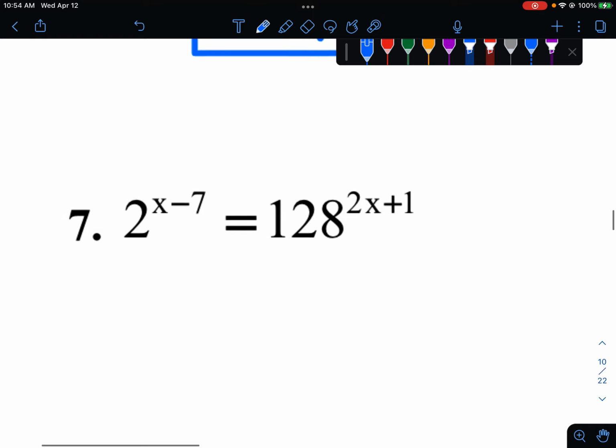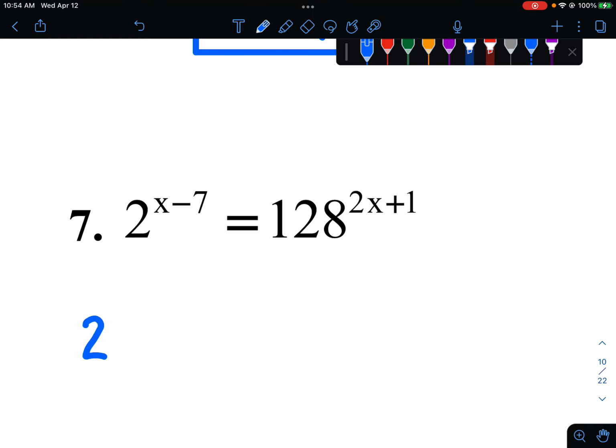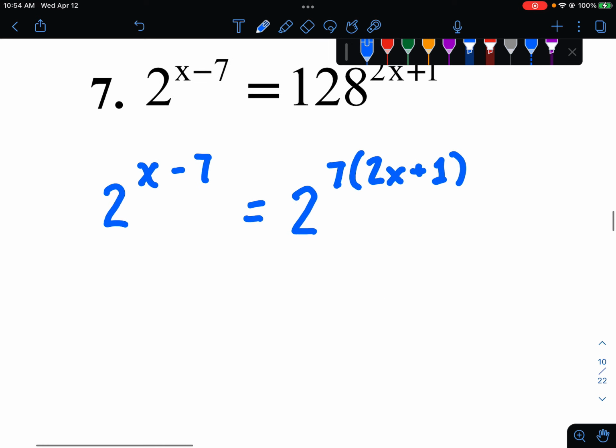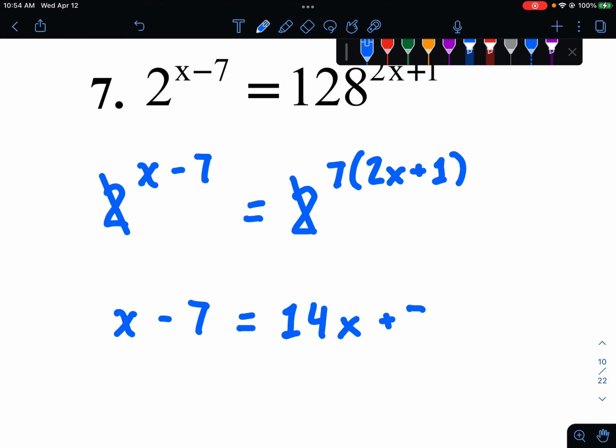And then we get this next one. So this is 2 to the x minus 7. And again, 128 is on my list, but if you need to guess and check, you can guess and check. And you'll figure out pretty quickly that 2 to the 7th is 128. So that's all we're doing. We ignore these bases. X minus 7 equals 14x plus 7.